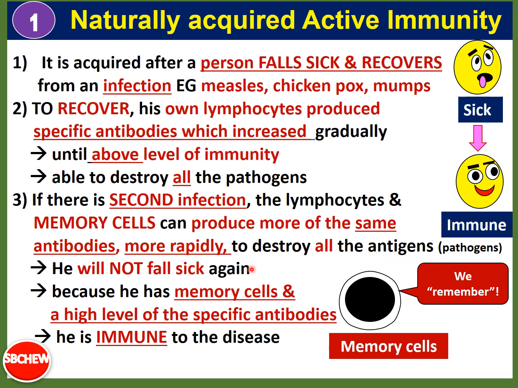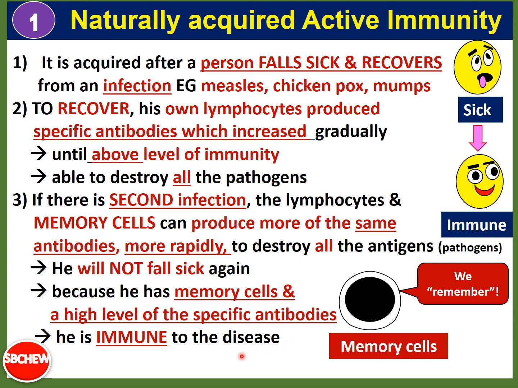So the memory cells help the person who has fallen sick before from the disease. The second time round, he will not fall sick again because his memory cells have helped in the production of a high level of antibodies very quickly to destroy all the pathogens so that he doesn't fall sick. And he is immune to the disease. We say he's immune to the disease.